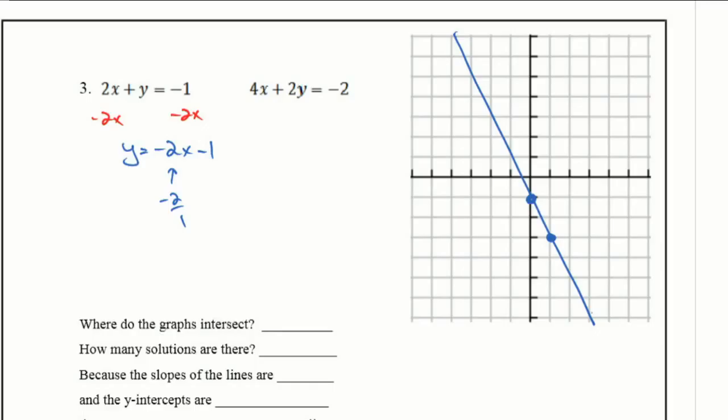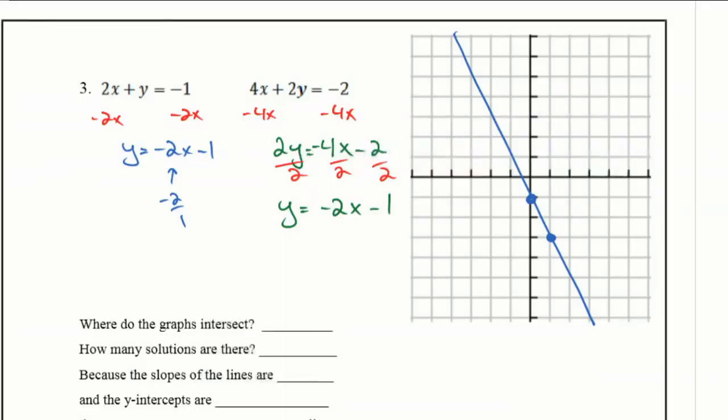Now I'm going to do the same thing with the other one. I'm going to subtract 4x from both sides, and I'm going to end up with 2y is equal to 4x minus 2. Divide everything by 2. End up with y is negative 2x minus 1.